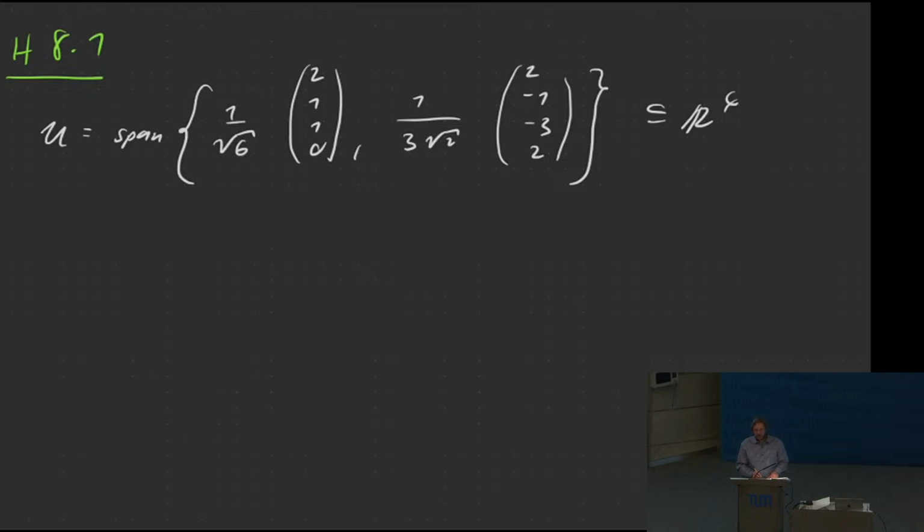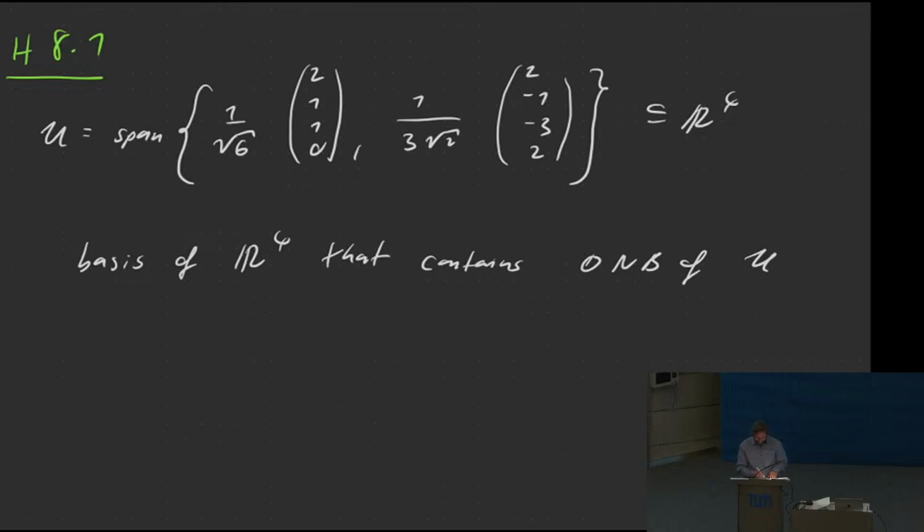So now we need to compute a basis of R to the 4 that contains this orthonormal basis of U above and is itself an orthonormal basis.